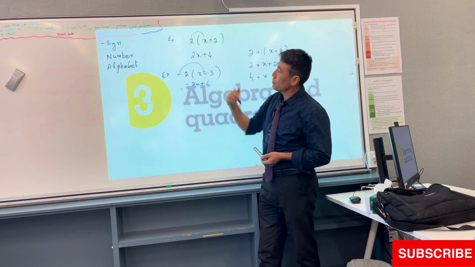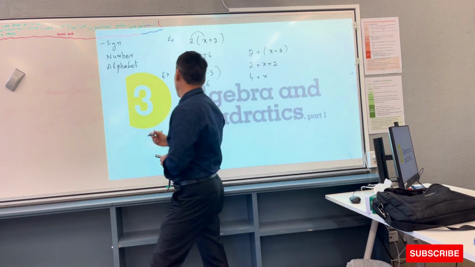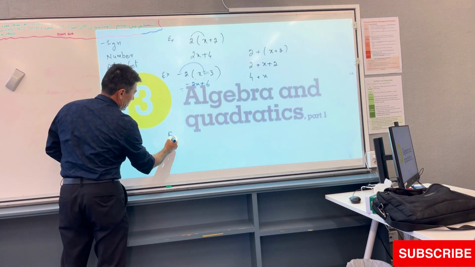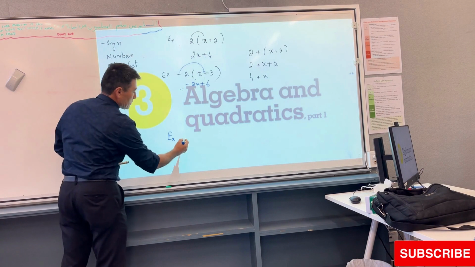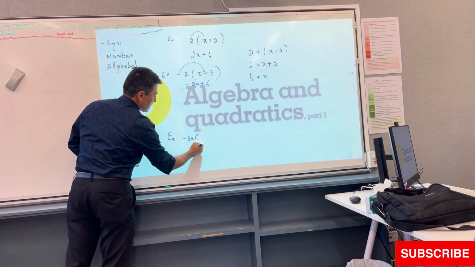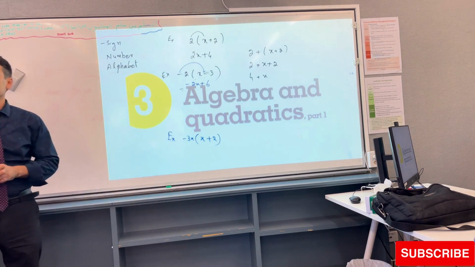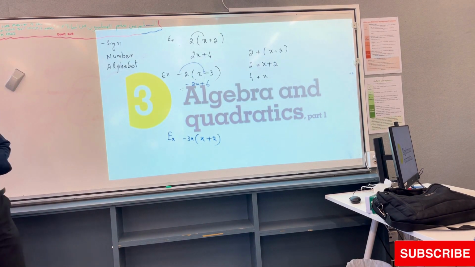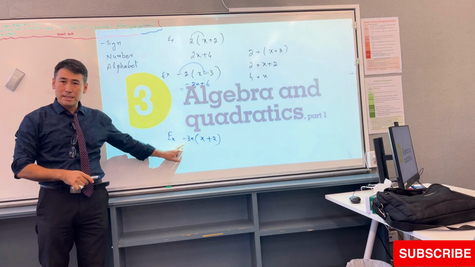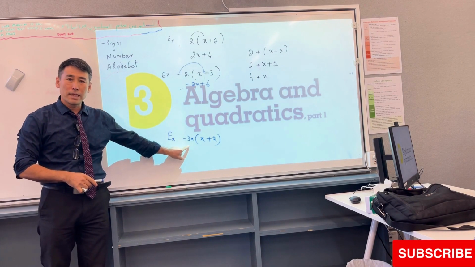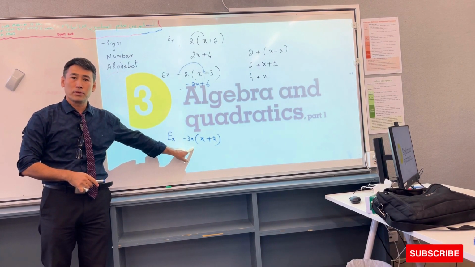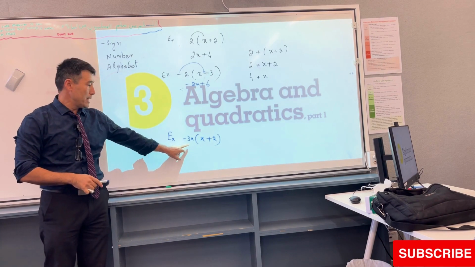Let's go. We introduce another one with alphabet, with number, with everything. Example number 3, negative 3x times x plus 2. Right? This is another example. We have 3 things outside, guys: negative, number, and alphabet, so a variable as well.